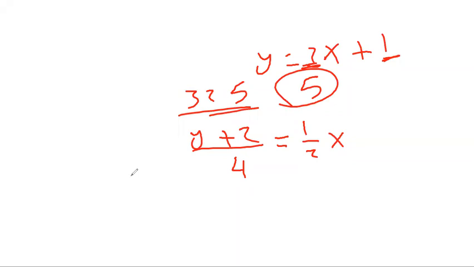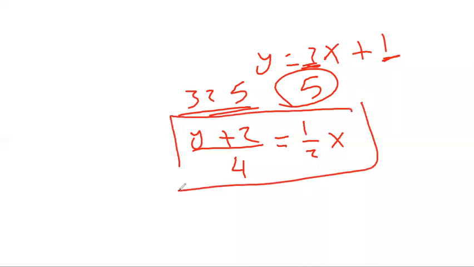Shahd? I repeat the question again. The question is, if the equation of the straight line is y plus 2 over 4 equals 1 over 2x, find the gradient of the straight line and find the y-intercept. Fariha?